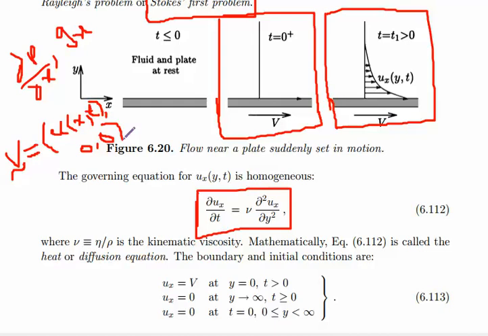Now we know that we have two fundamental equations.